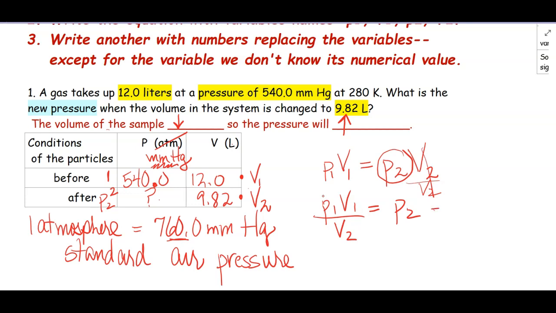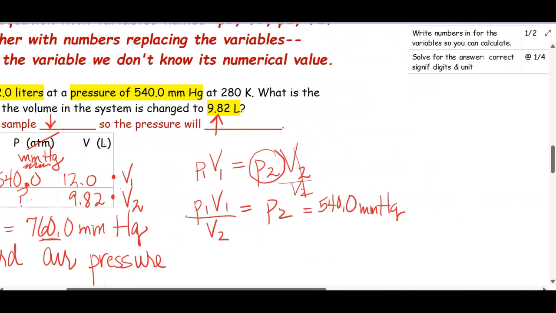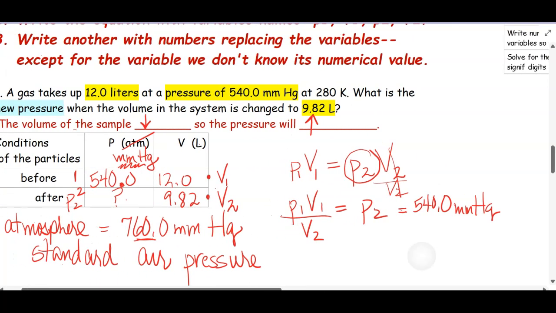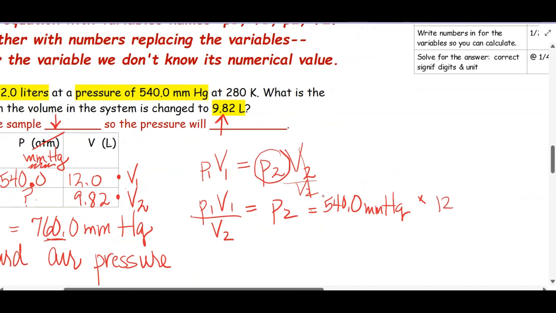So let's now go over here. So the P2 is going to be P1, 540.0 millimeters of mercury. Now remember, I'm wanting you to do exactly what I do. And some of you are fudging. So P1 times V1 is 12.0 liters, correct?